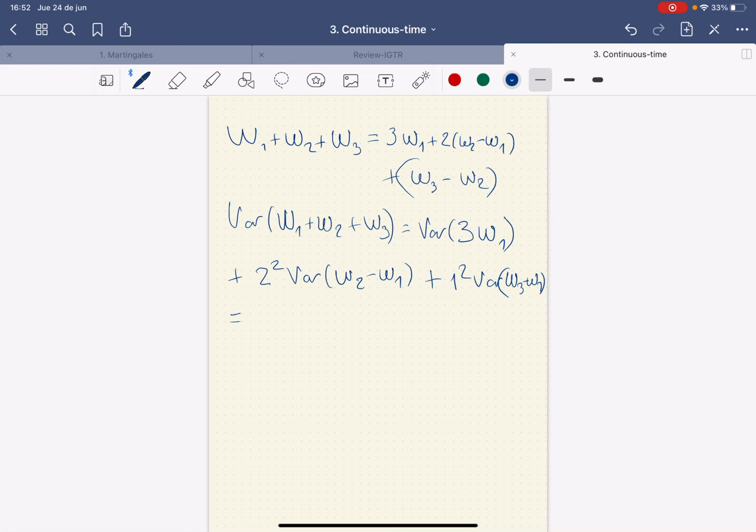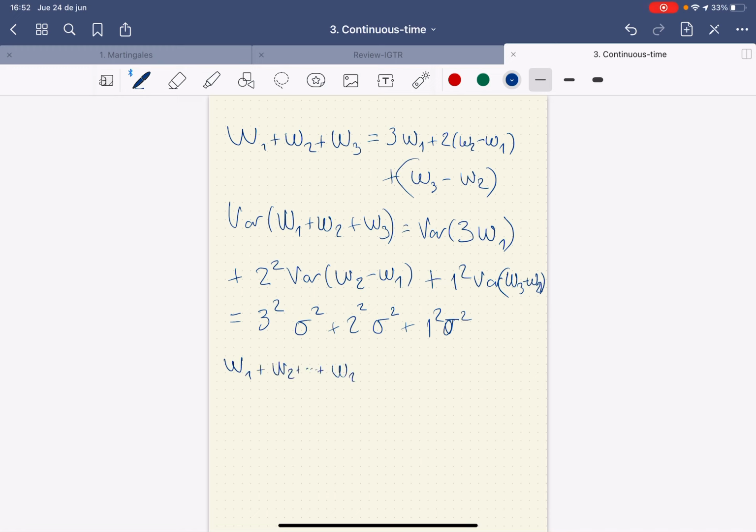And what we have there is just 3 times the variance of W1 plus 2 square the variance of W2 minus W1 plus 1 square the variance of W3 minus W2, right?